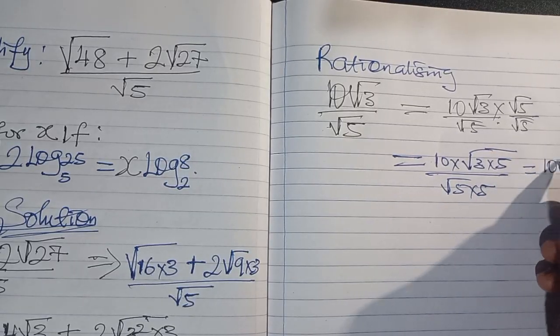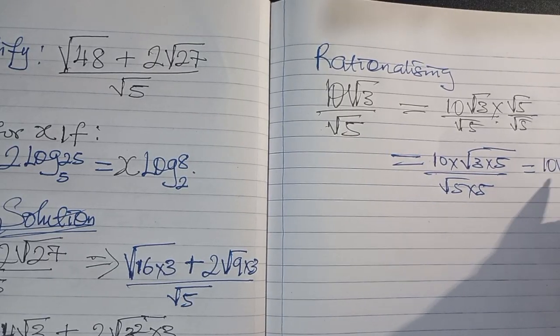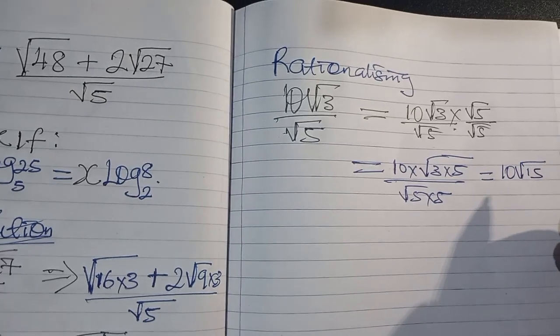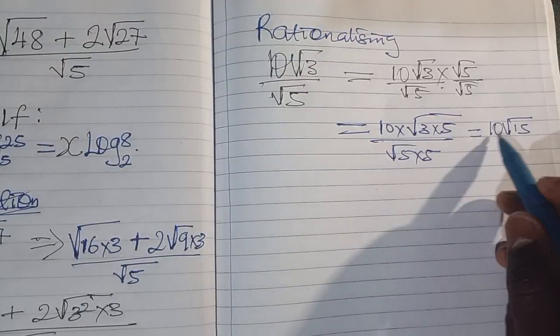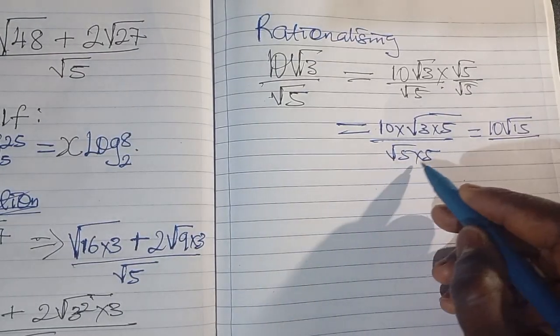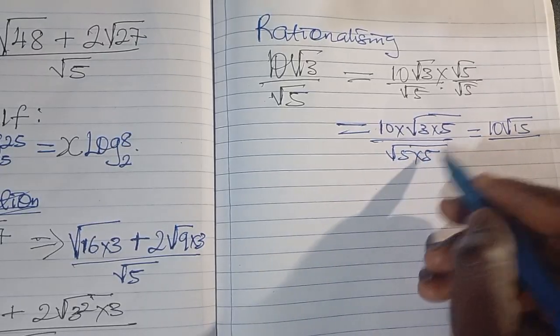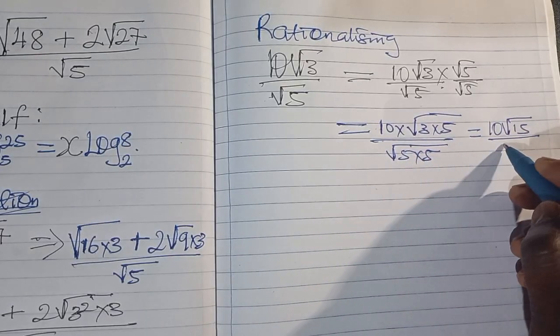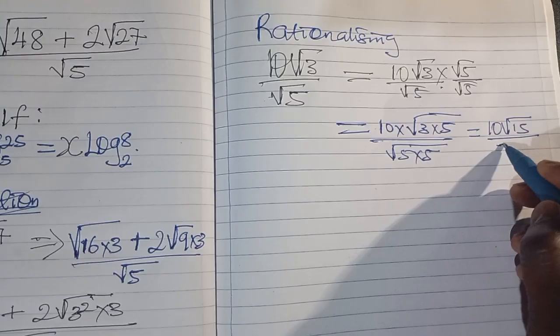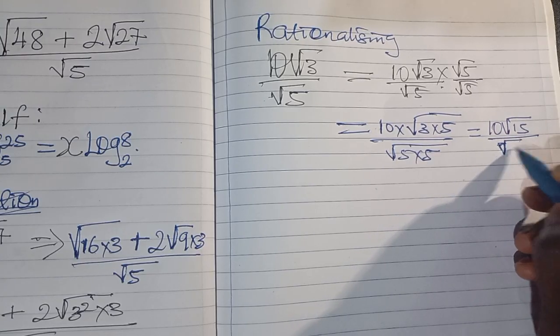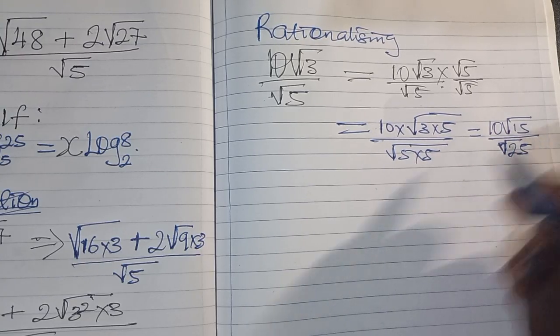This is equal to 10 root 15, divided by root 5 multiplied by root 5, which is root 25, which is the same as 5.